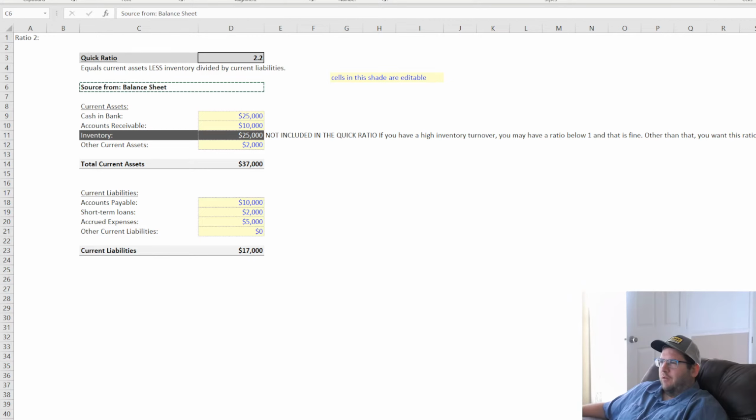Okay, next, earnings per share. Earnings per share is net income divided by the shares.